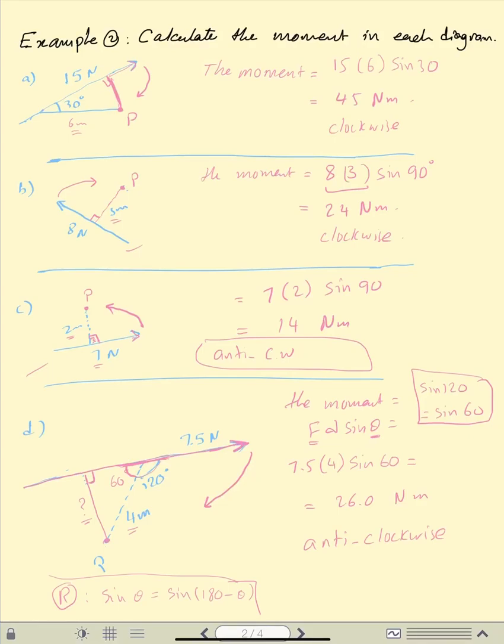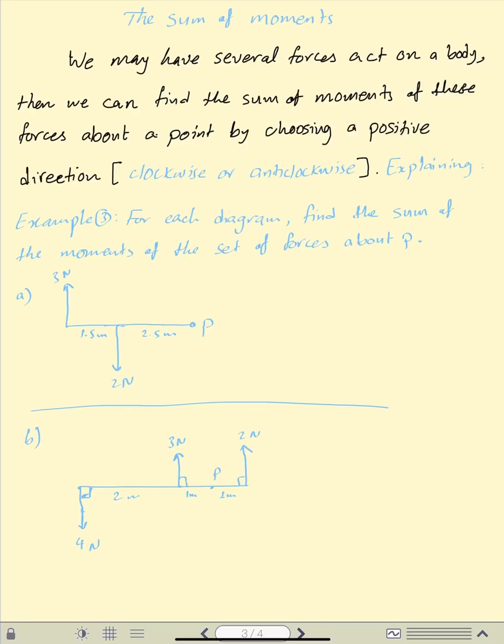Let's see some different types of examples. We may add or subtract, we may find the net, the resultant moments. Because if you have more than one force, you will have more than one moment. Making sense, because the moment is the product of the force times the distance. So we may have more than one force acting about a given point.